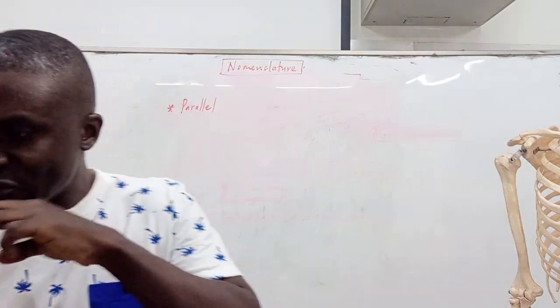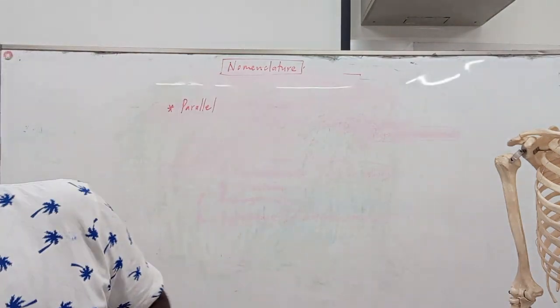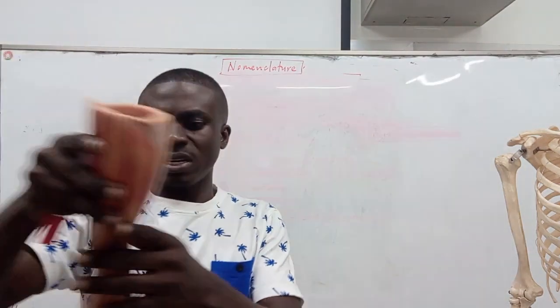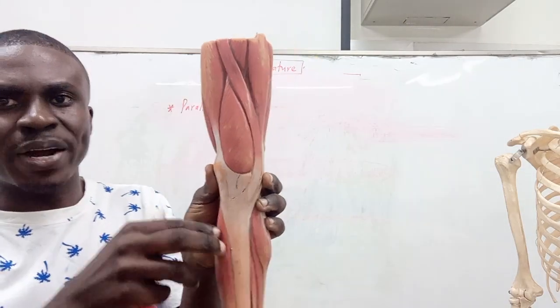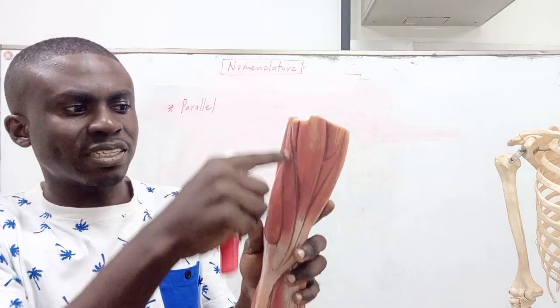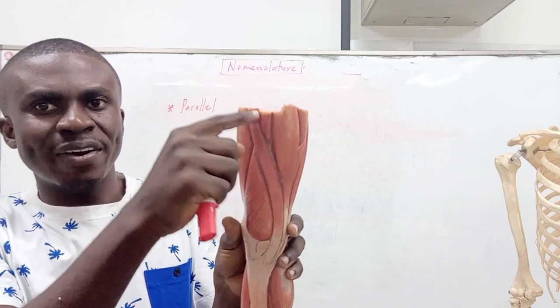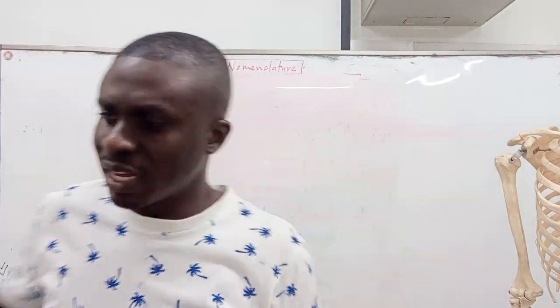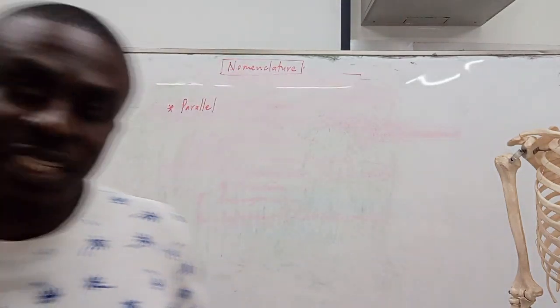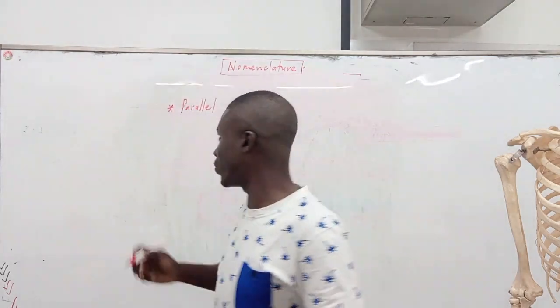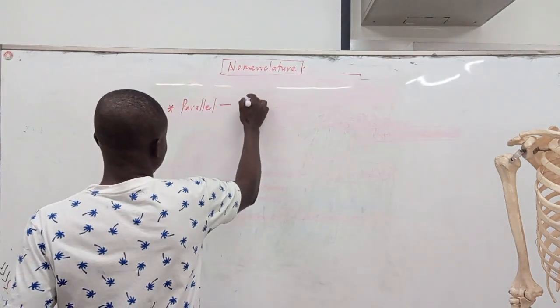Let me just show you this one too. A lot of muscles show this kind of parallel arrangement, like this muscle. We call it the sartorius muscle. And my friends, whenever I mention sartorius muscle, I have to be quick and tell you, sartorius.